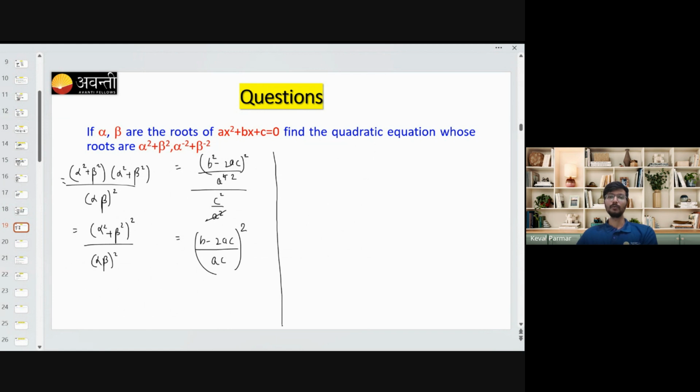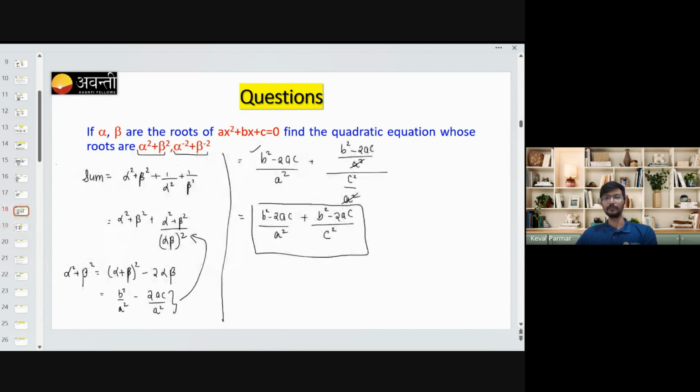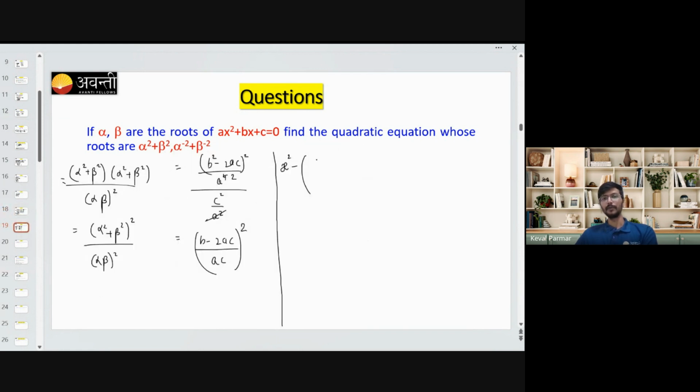So what is my quadratic equation? The quadratic equation is x square minus the sum of the roots, which is (b square minus 2ac) upon a square plus (b square minus 2ac) upon c square, into x, plus the product of the roots. What is the product of the roots?